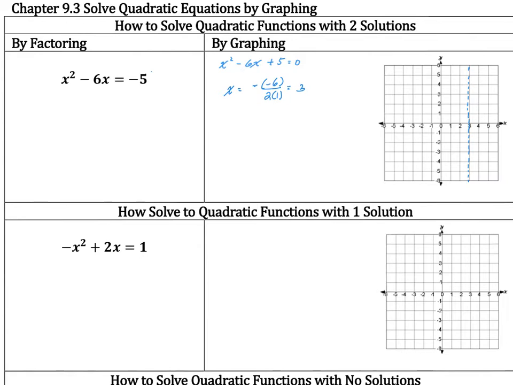And now I'm going to look for the vertex. So you have a vertex of 3 and negative 4.